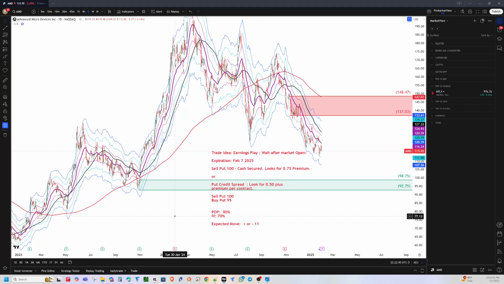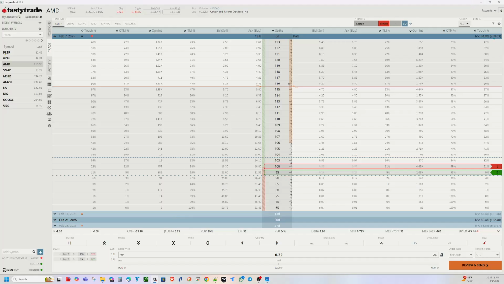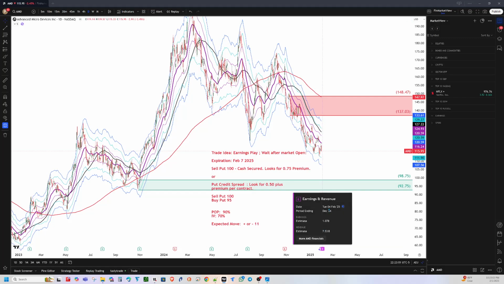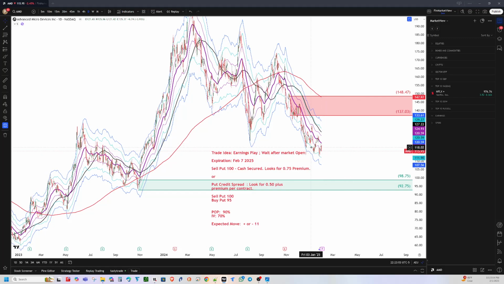Based on the options chart, I see the expected move is $10 by February 7th. So if earnings are on Tuesday and the market gaps down $10, then it comes to 110, 111 or 100. This is exactly this area.